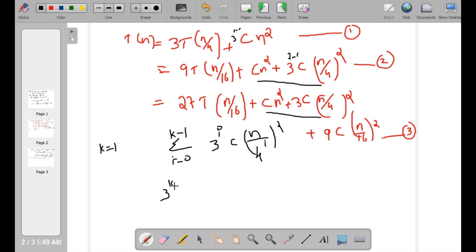In general, k is the equation number, then T of n by 4... sorry, it is 27 T of n by 64. Not 16, it was n by 64. So when it's 2, it is coming 16. When it is 3, it is coming 64. So I can write n by 4 raised to the equation number, n by 4 raised to k.